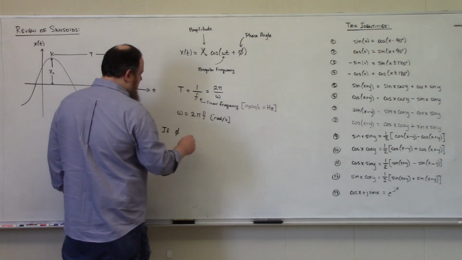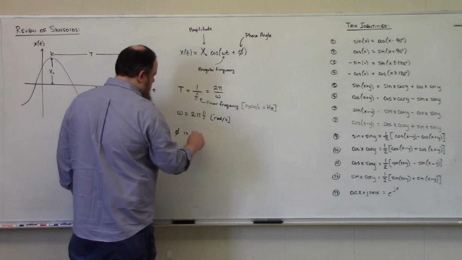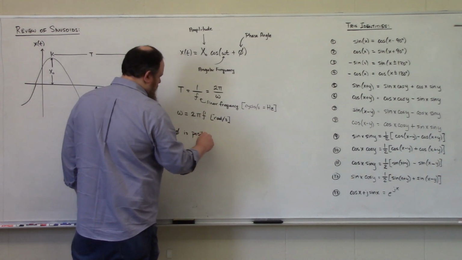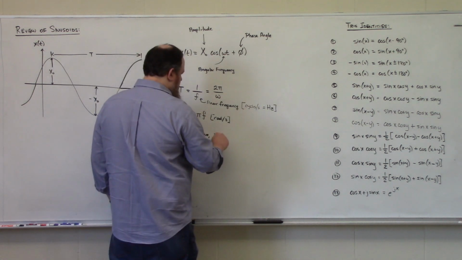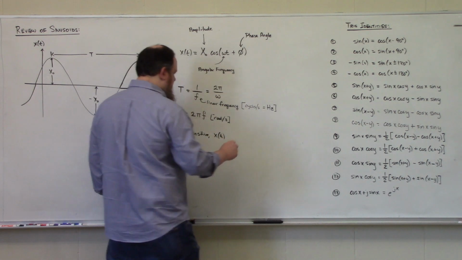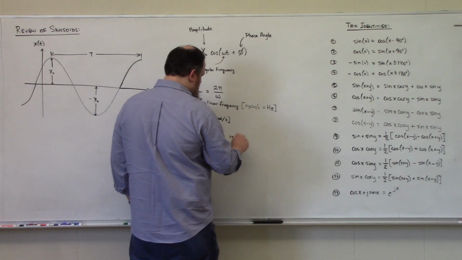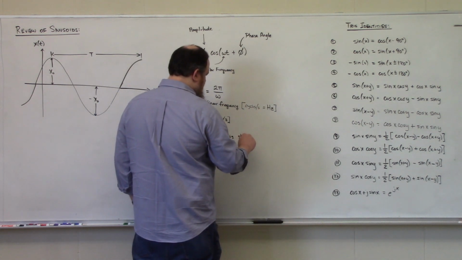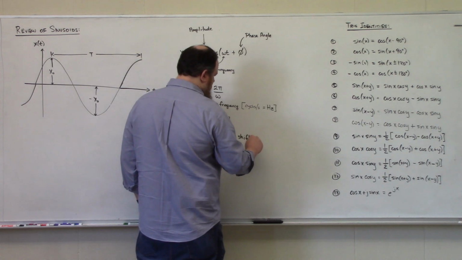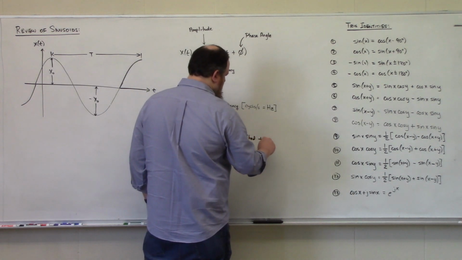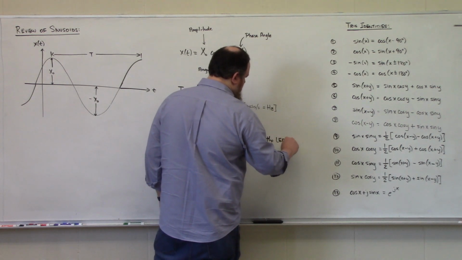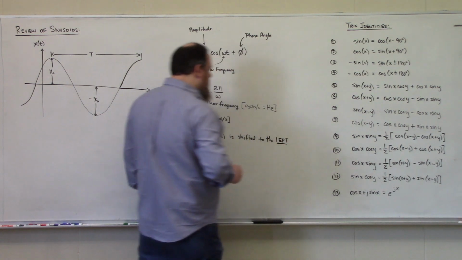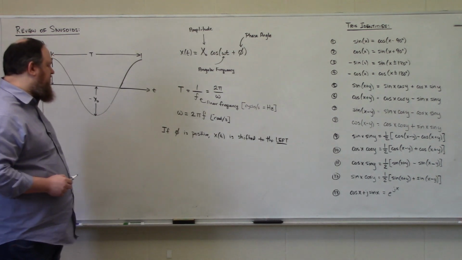where if phi is positive, our waveform x of t is shifted to the left, and this is important. It may seem counterintuitive, but I'll explain it in a minute.